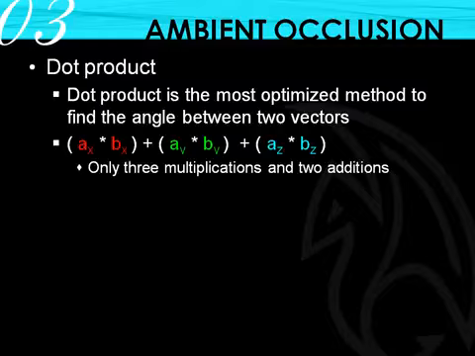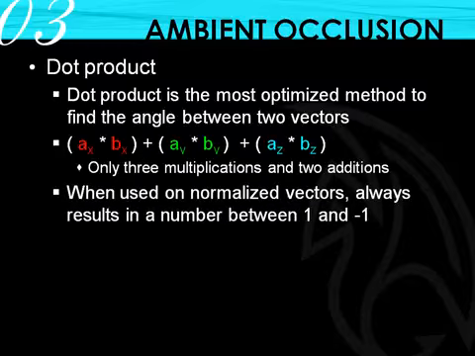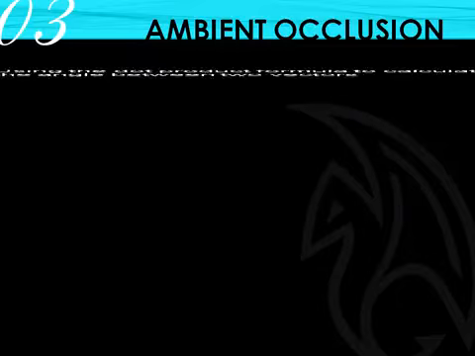And in the grand scheme of things, in terms of real-time graphics, that's a very, very few calculations. So when it's used on normalized vectors, it always results in a number between 1 and -1. So if you give it 2 vectors and you pass them through this formula, the result is going to be between those 2 numbers. And those 2 numbers are going to determine an angle.